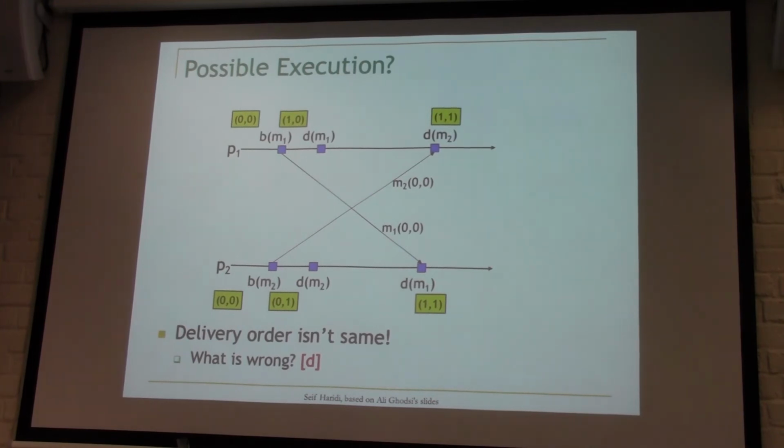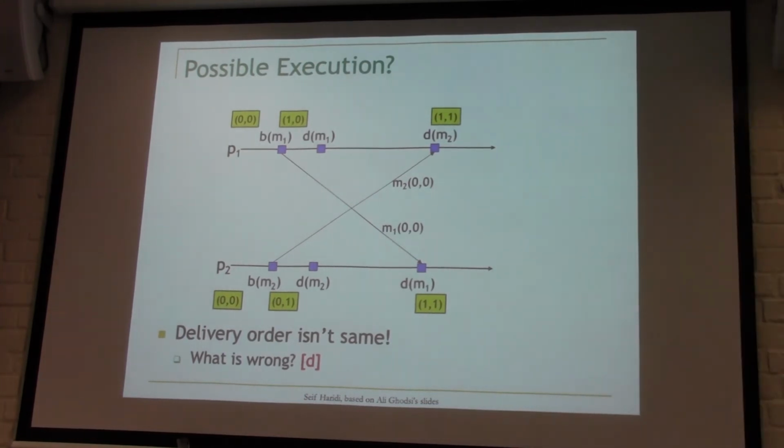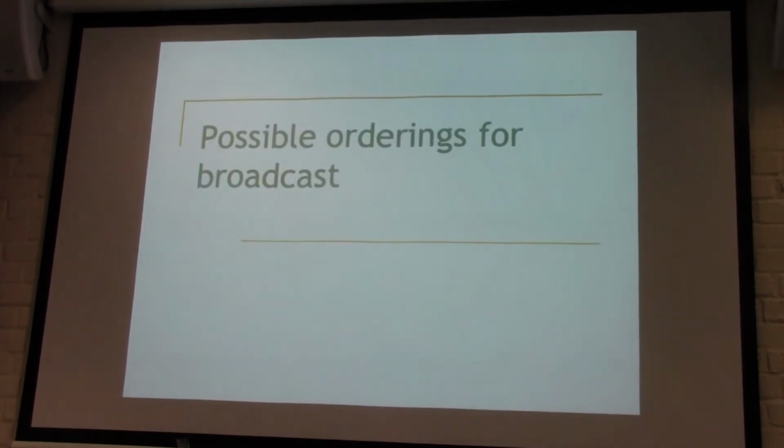This is actually a consequence of how the vector clocks work, if you look at it. Okay? So nothing is wrong. There's no causality here. Okay, so let me now do some exercises.